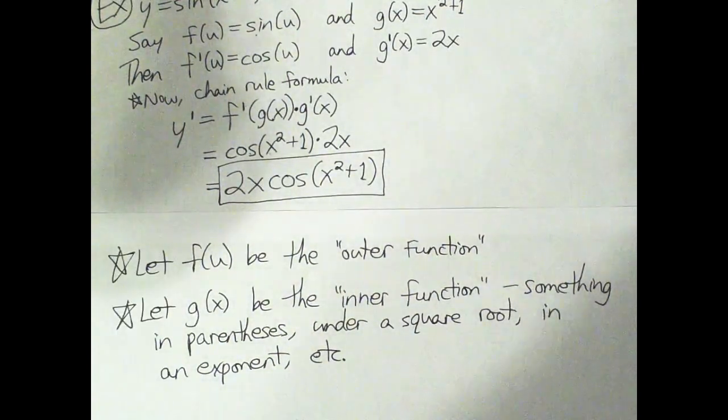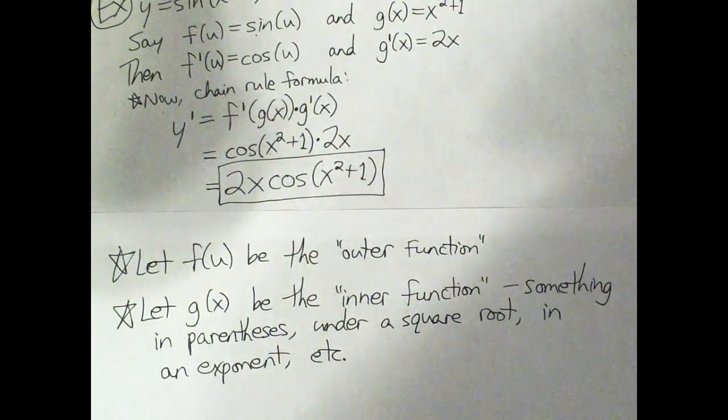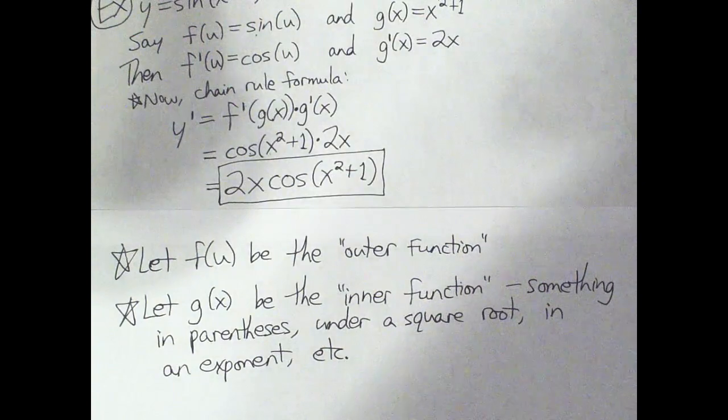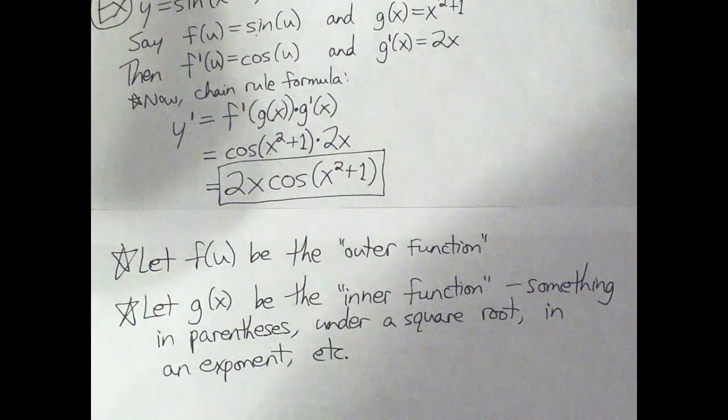In the problem that we just did, the inner function was inside parentheses, so it was easy to identify that it was on the inside. But I'm saying that it could also be on the inside of a square root symbol. Or it could be up in an exponent. Or we'll see if anything else comes up. So let me show you some other problems.